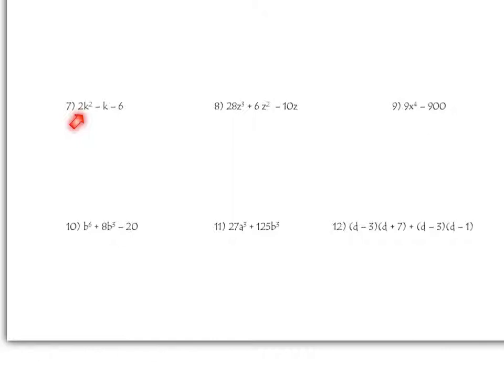Number 7, we do not have perfect squares. Number 8, we can factor out a 2, and we get 14 here, and that's not a perfect square.